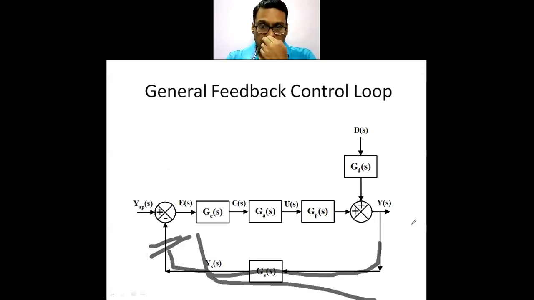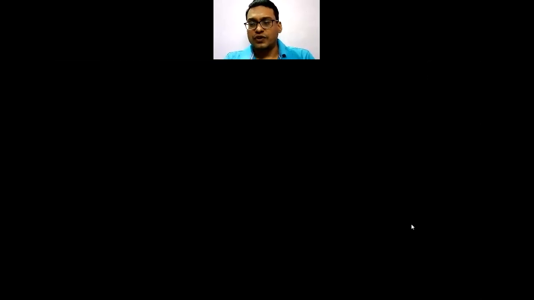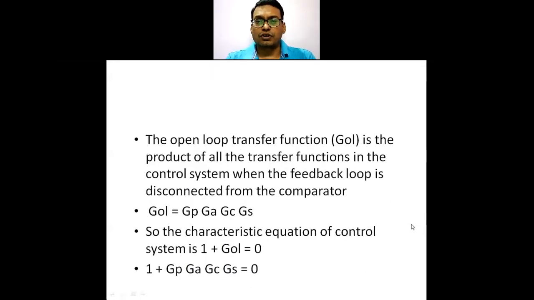So all these are your transfer functions, that is the product of all transfer functions in a control system. This is what the open loop transfer function is: the product of all transfer functions in the control system when the feedback loop is disconnected from the comparator.